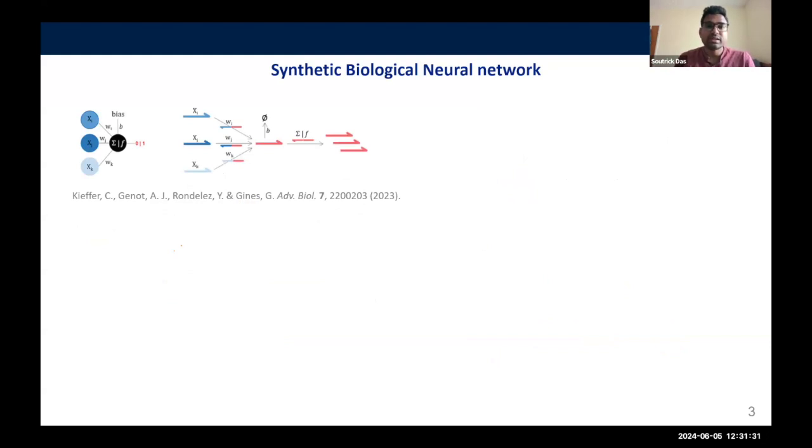DNA and RNA, being highly versatile and programmable in nature, are now used for biological computation and show exceptional usage.